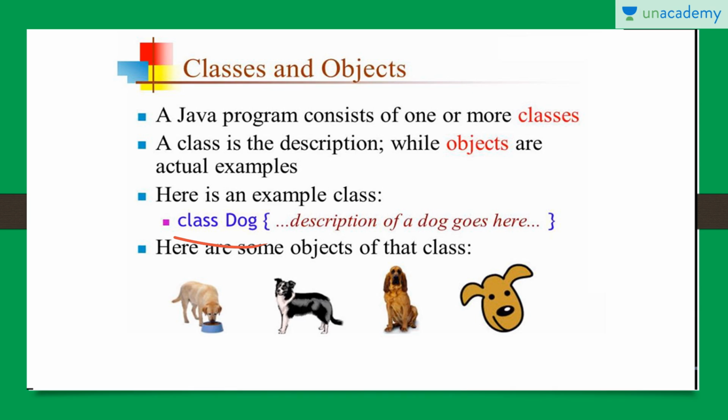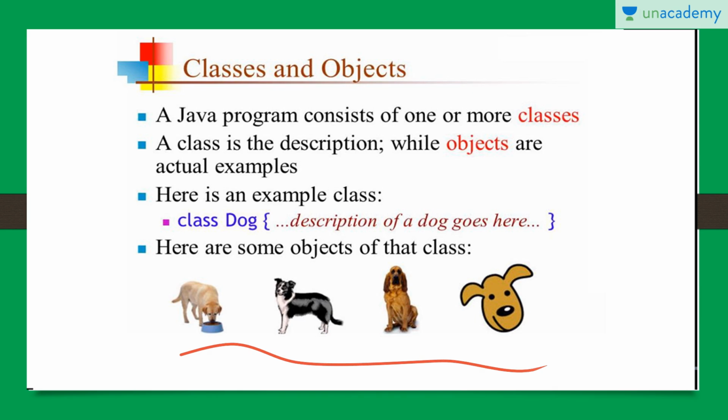Now this class Dog has no significance because we don't know what type of dog we are talking about, because this class is just a template. Now these pictures show the real-world entities. These are the objects. Now we know that this dog is of one breed, this dog is of another breed. These are all of different breeds. So that is all about classes and objects.